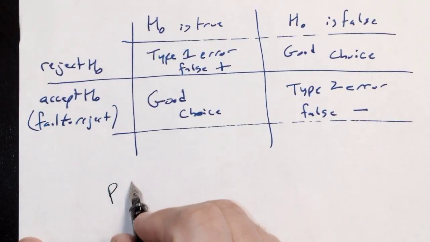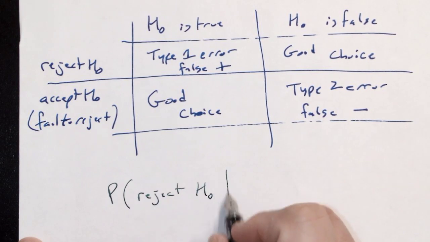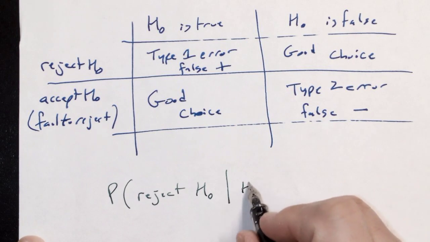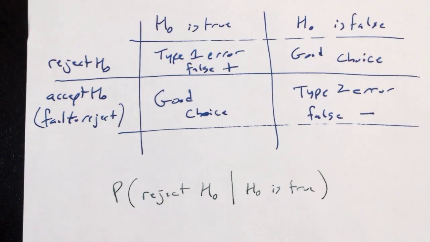Probability that we reject the null hypothesis given that it is true. Now, I don't actually have a spot on this chart that totals everything up. But let me think about where the pieces that would go into this probability would live.